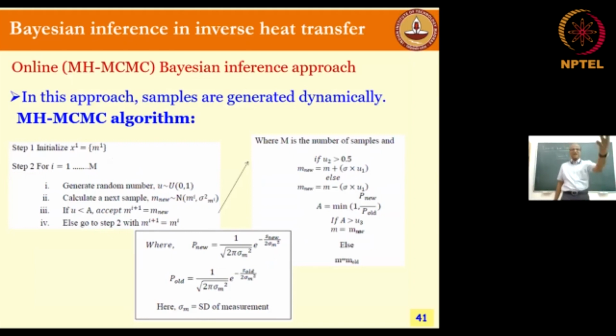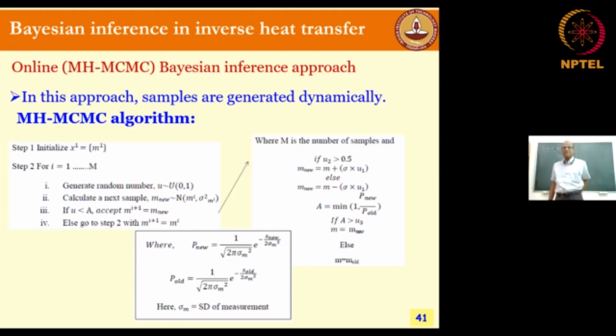Okay. So you generate a random number U1, calculate the next sample. The next sample can come based on a uniform distribution or a Gaussian, which is given at the bottom. Then based on the first random number, generate a second random number.